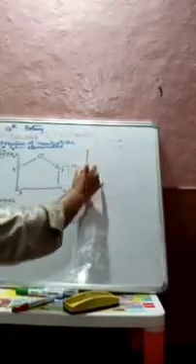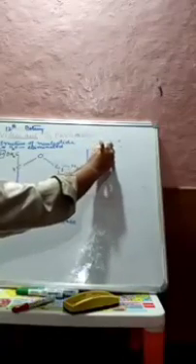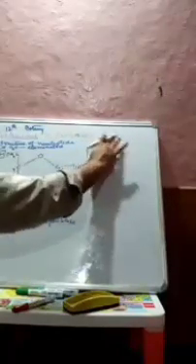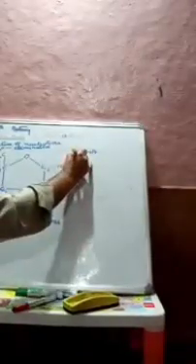For example, we will take this example of DNA. In DNA we see deoxyribose plus a base, the adenine base. This is the nucleoside, a pentose sugar plus nitrogen base.